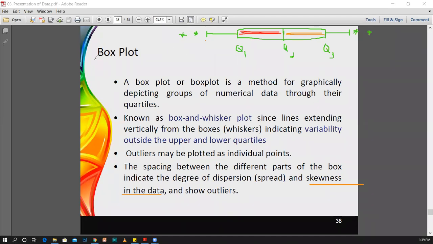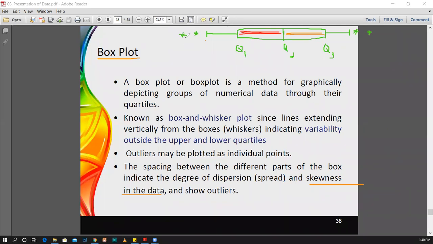At the very beginning of these sessions, when we were discussing graphing techniques or the presentation of data, I told you that there are some specialties in each graph. If you look at the box plot, none of the previous plots give this information.